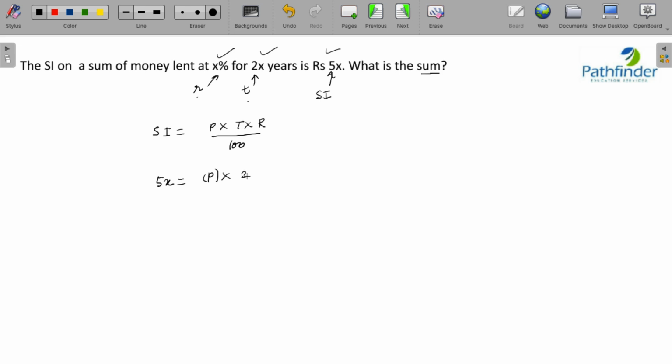T will be replaced by 2x and R will be replaced by x by 100. So this x cancels out, and what do you get? P is equal to, this also cancels out 50 times. So P is equal to 250 divided by x. That is the value of P.